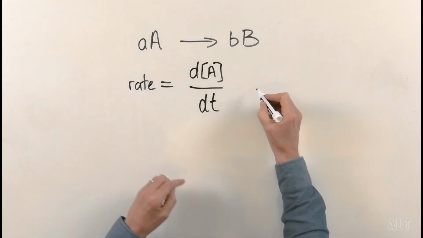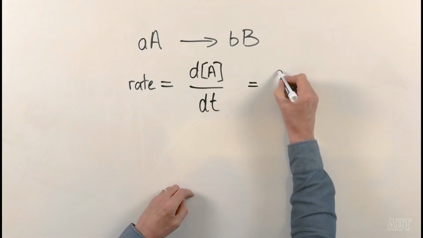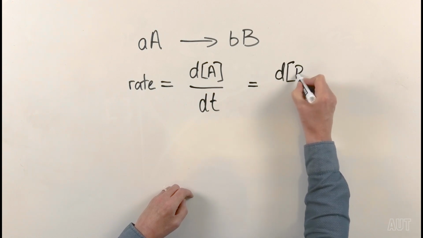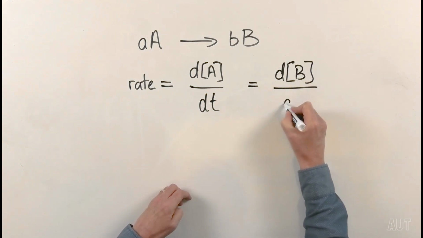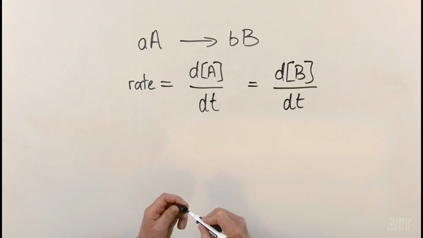And it's also going to be equal to the rate of change of concentration of B with time. That's how we define our rate, okay? You might say, where do those equations come from? They don't come from anywhere. These are the formal definitions of what we mean by the rate of a reaction.